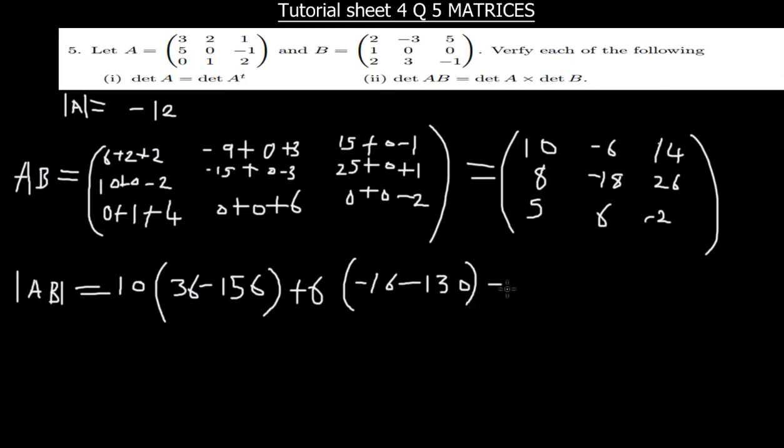Then you say plus, you put your 14 there, and then open brackets. The minor for 14, you cancel this line and that line. You are remaining with this 8 times 6, you get your 48. Then negative 18 times 5, you get your 90.